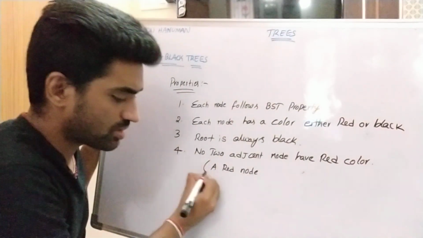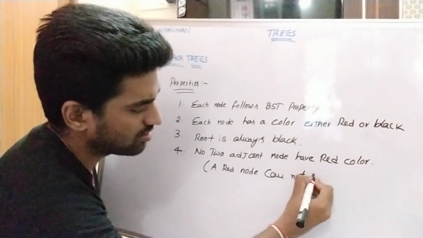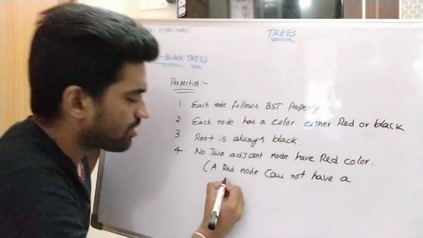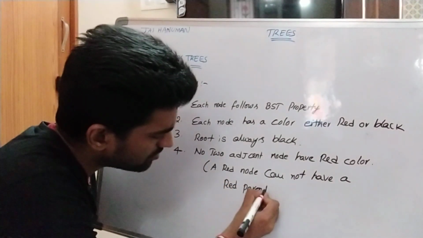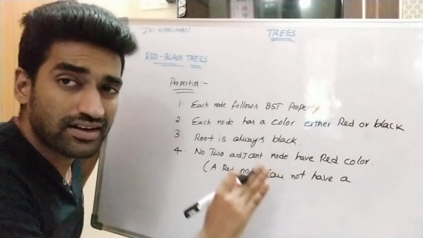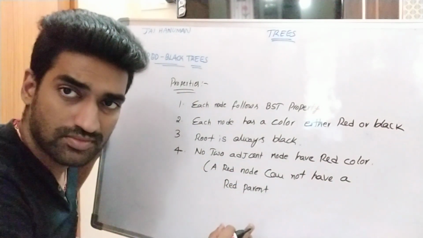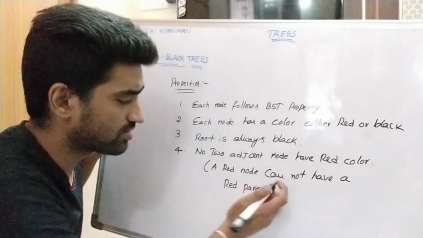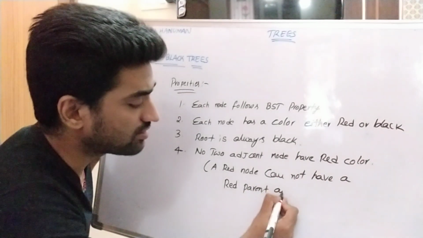What is the meaning of this property? A red node cannot have a red parent or red children. The red parent, red children relationship does not exist in red-black trees. That is a very important property for red-black trees. A red node cannot have a red parent or red children.